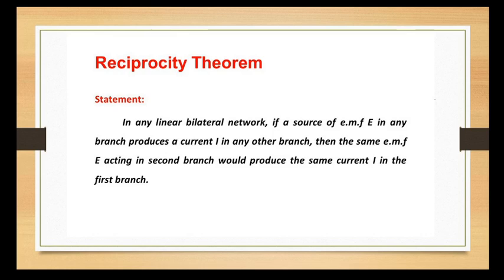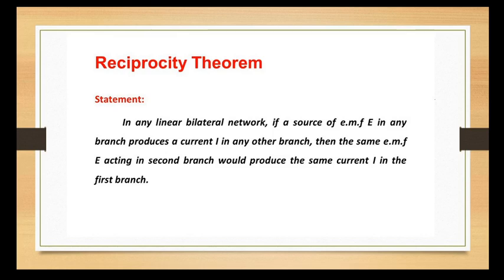The statement is, in any linear bilateral network, if a source of EMF E in any branch produces a current I in any other branch, then the same EMF E acting in the second branch would produce the same current I in the first branch. So that is the statement of reciprocity theorem.